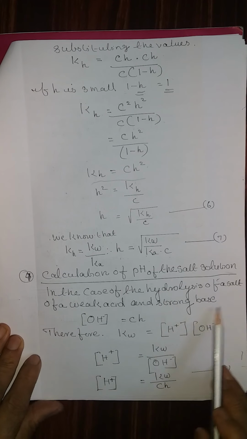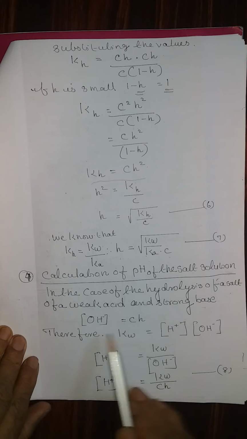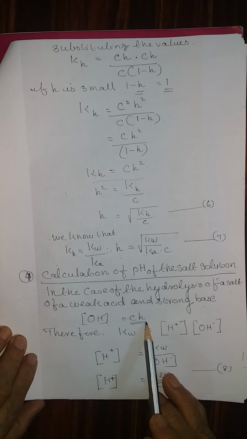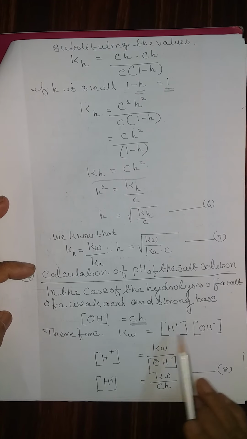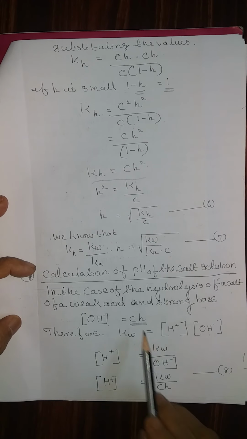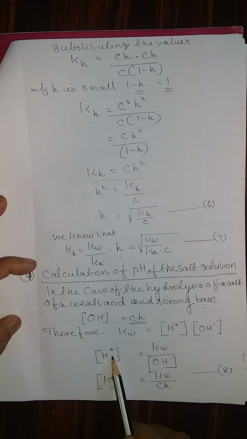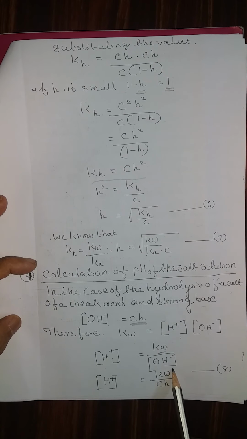In the case of hydrolysis of a salt of a weak acid and a strong base, concentration of OH minus is equal to Ch. Therefore, Kw is equal to concentration of H plus into concentration of OH minus. From this equation, we can get the concentration of H plus: concentration of H plus is equal to Kw by OH minus.